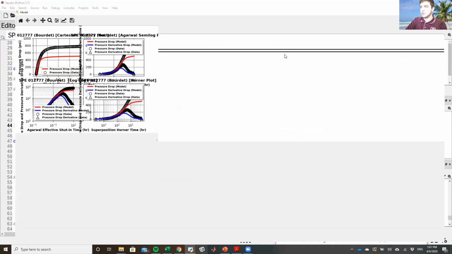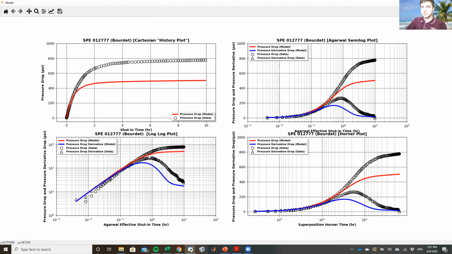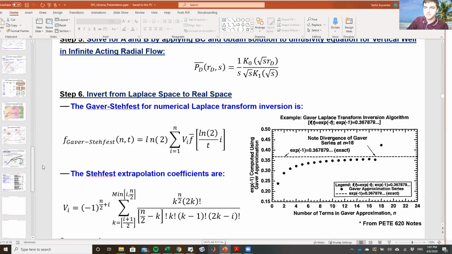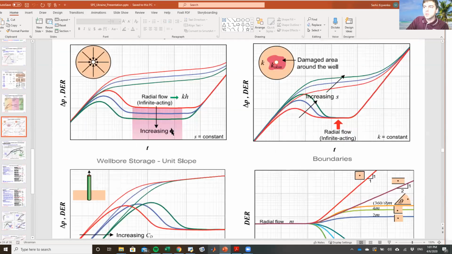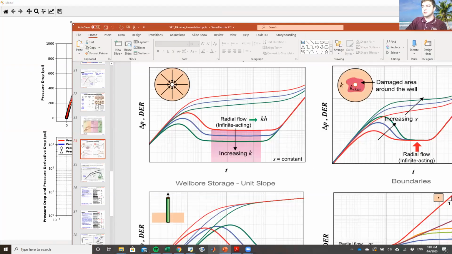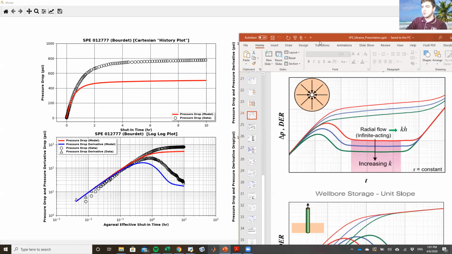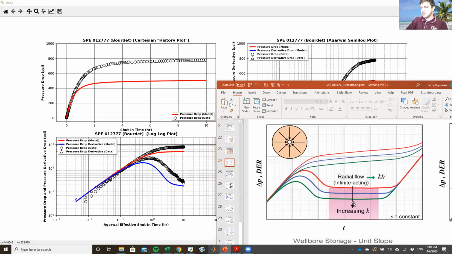Okay, so let's look at the model here. As you can see, we are not getting a good match right now. So what we have to do is essentially to decrease our permeability, right? Let me show you. Based on this chart, we can conclude that we need to decrease our permeability.